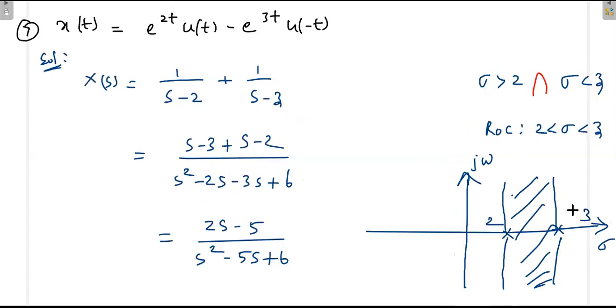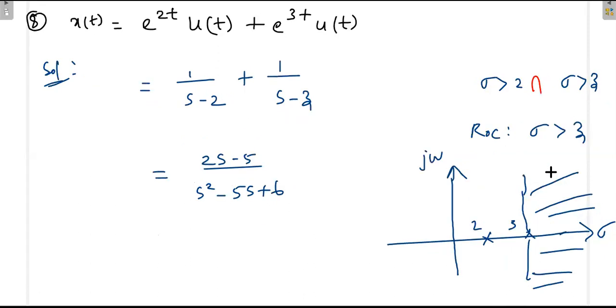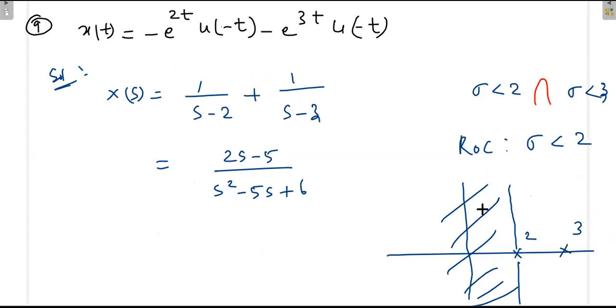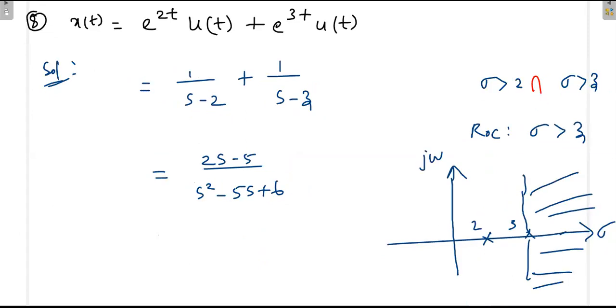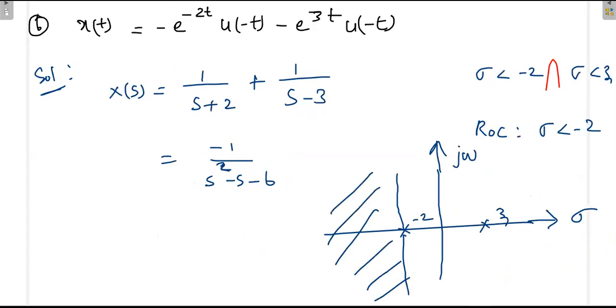That means both are positive poles. In the first case, we are getting in between the poles. In the second, we are getting outside the maximum pole, that means right sided. In the third case, we are getting less than the smallest pole, that means left sided.